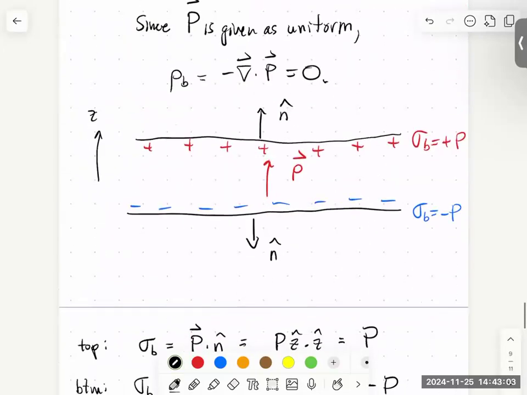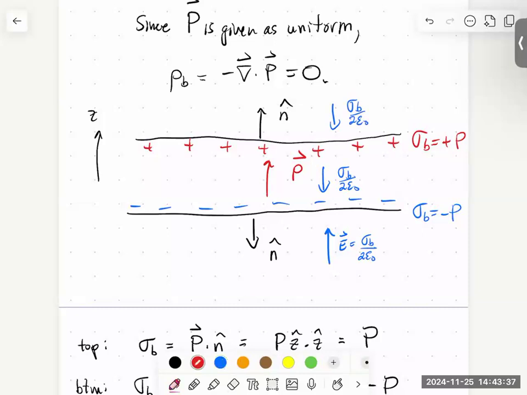So in fact, for the negative charge, we're going to get an electric field that points towards the negative charge, and it would have a value of E equal to sigma_B over 2 epsilon naught. Between the plates it would be sigma_B over 2 epsilon naught, and above the plates it would be sigma_B over 2 epsilon naught.